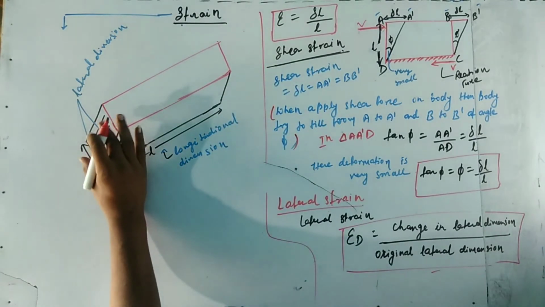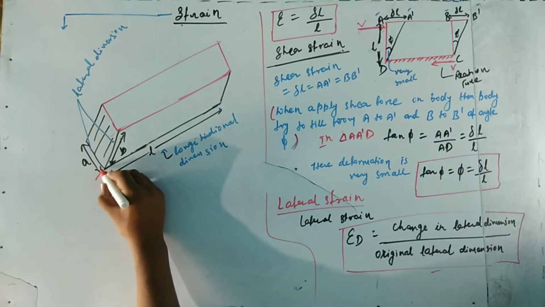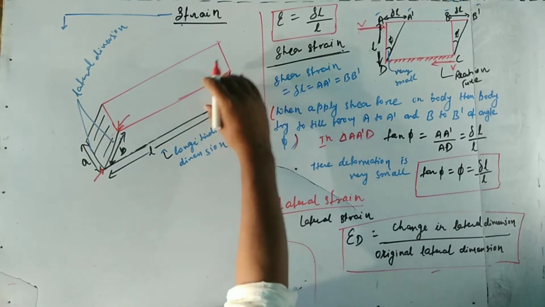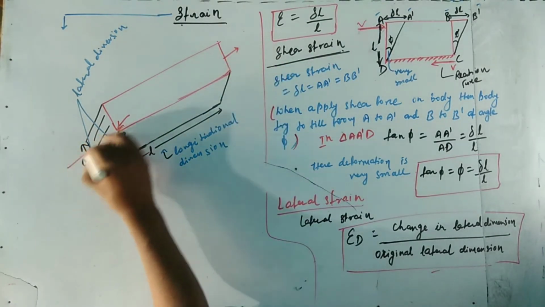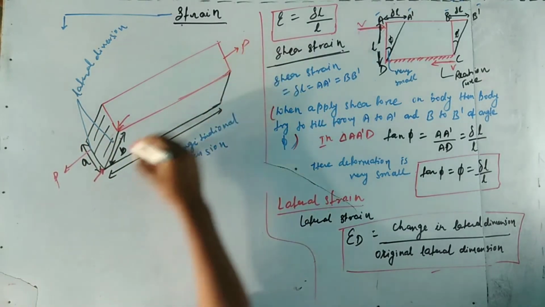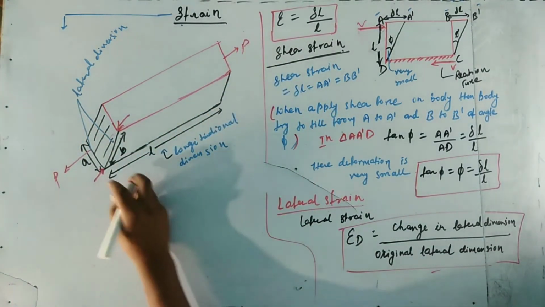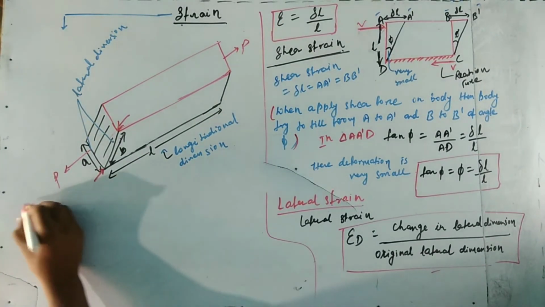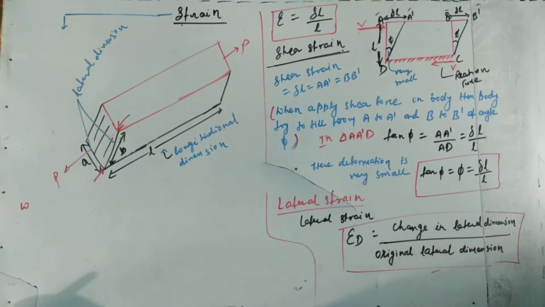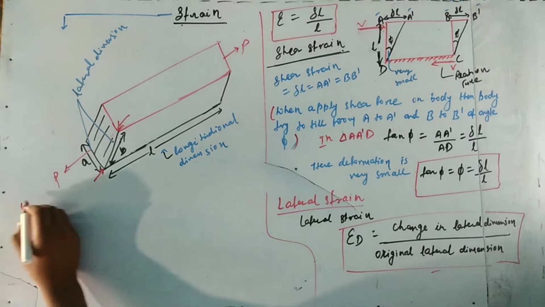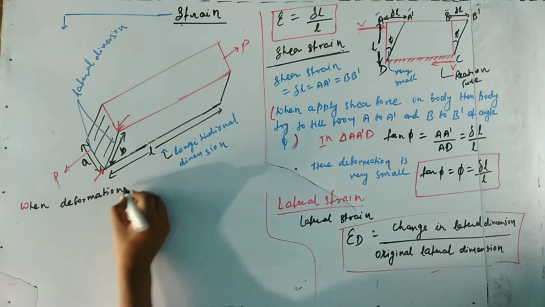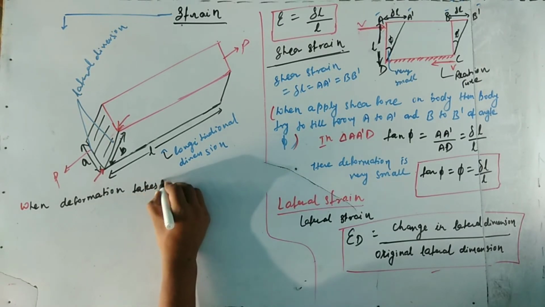Here, when we apply the force on both sides in the longitudinal dimension, the longitudinal strain will be produced, due to which the cross section area of the body will reduce, that is, the lateral dimension reduces.